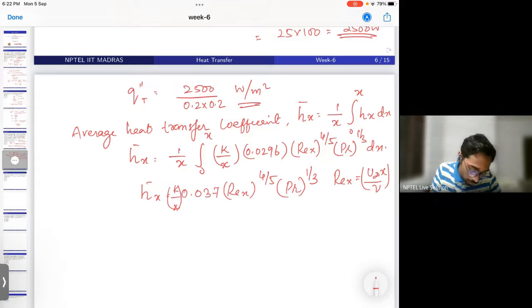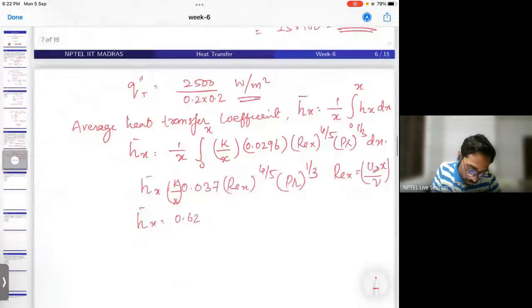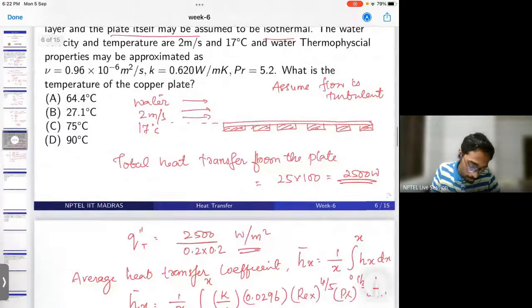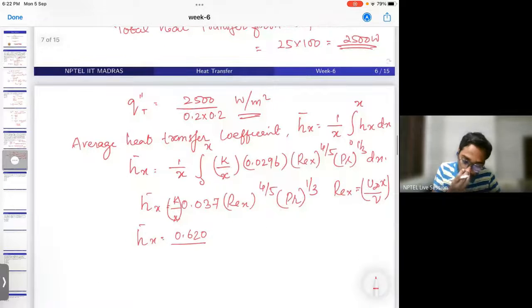Okay, so if we substitute, h bar x is equal to k is given 0.620, then x means we are taking the entire length, so we can write here hl.